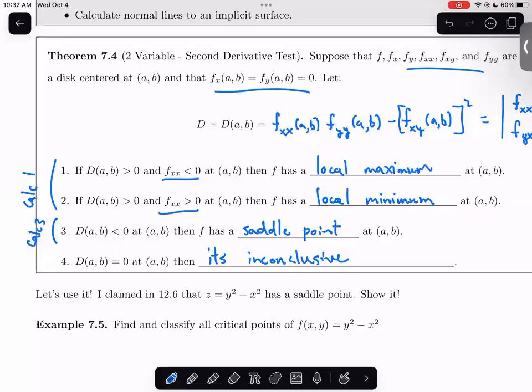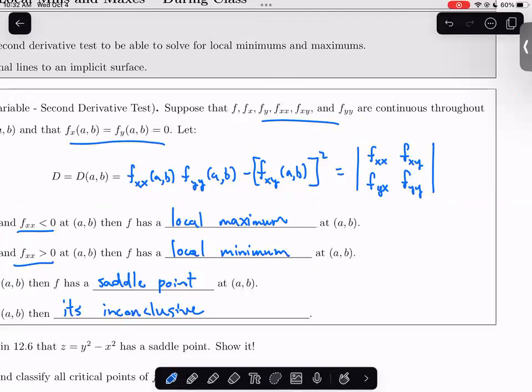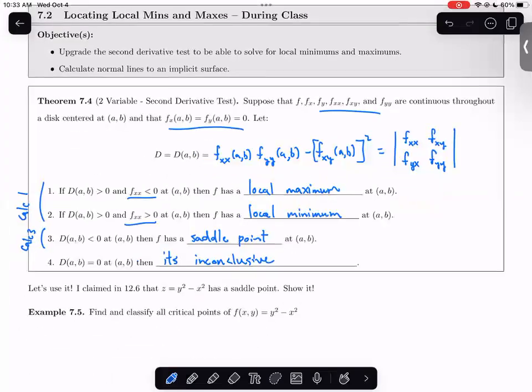But yes, 99% of the time in our class, they will be equal, especially when the conditions like this are given to us. Again, for Clairaut's theorem to hold true, you need to have continuous partial derivatives, and then you can do that flipping. So especially when the theorem starts off with, hey, this is part of our hypothesis, then yes, we don't even need any additional assumptions. It is true. Yep. Good.